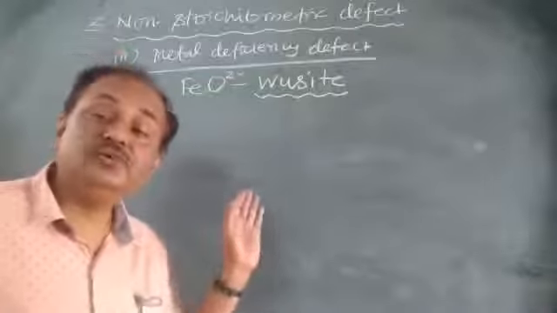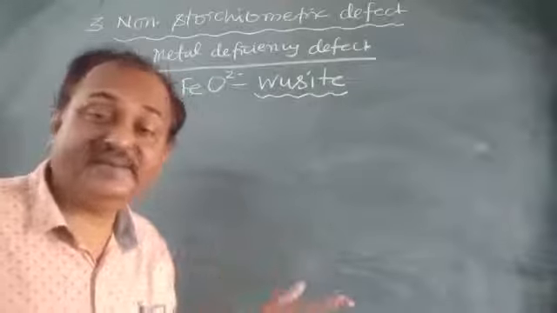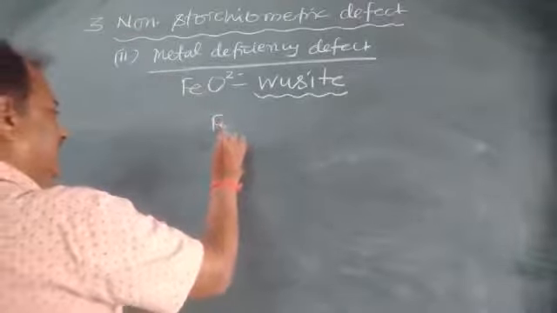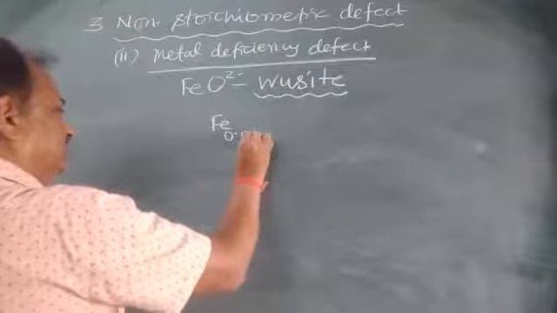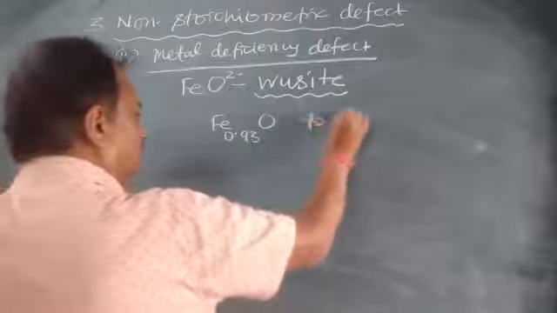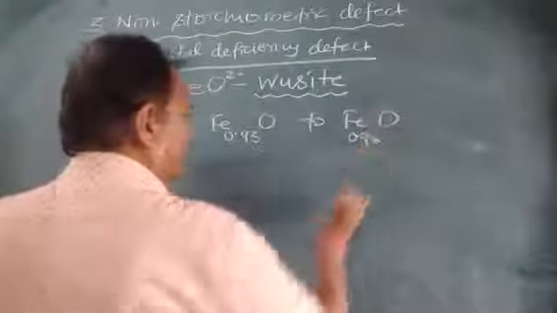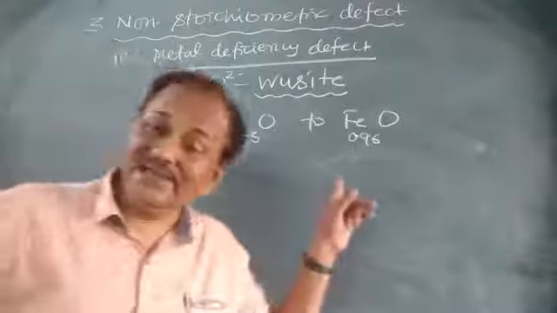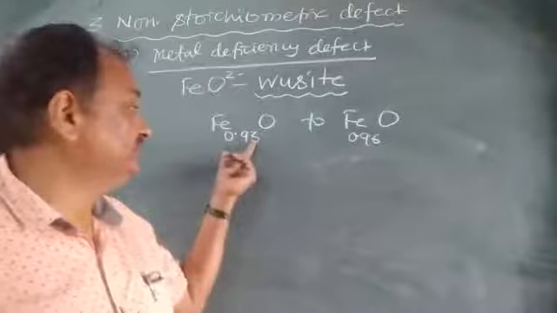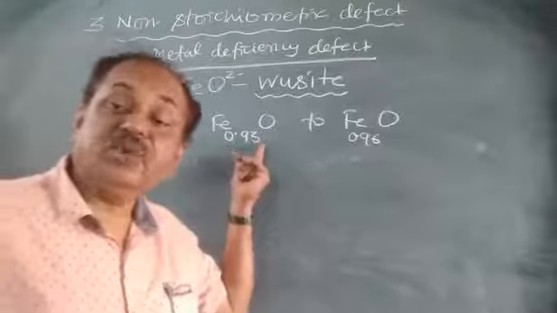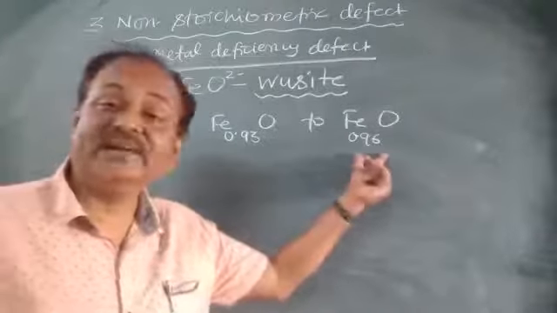So wustite is better written as Fe0.93O to Fe0.96O. Again here the variation is not the same. It is minimum 0.93 and maximum 0.96.